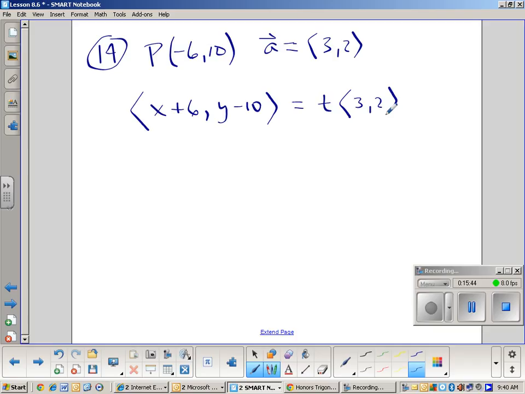There's actually a couple ways of looking at the parametric equations. There's the way they gave us, and then as I'm looking at this, I see another way also that I hadn't thought of before. Can't you just take it out of the information they give you initially? Yep. And so what do we get? x equals -6 plus 3t, and then y equals 10 plus 2t.